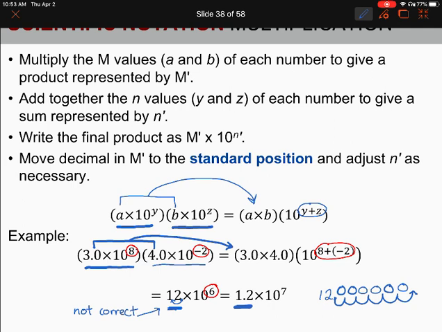We're then going to take our decimal at the end of this huge number and move it over 1, 2, 3, 4, 5, 6, 7 times. So that's going to give us our final answer of 1.2 times 10 to the 7th.